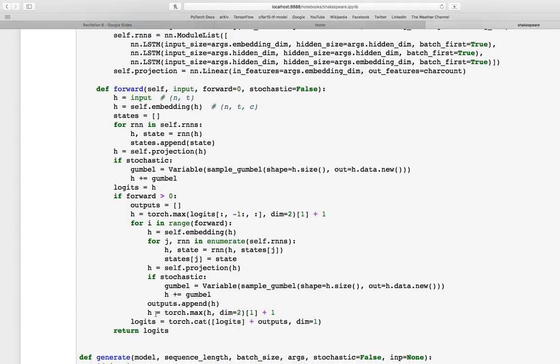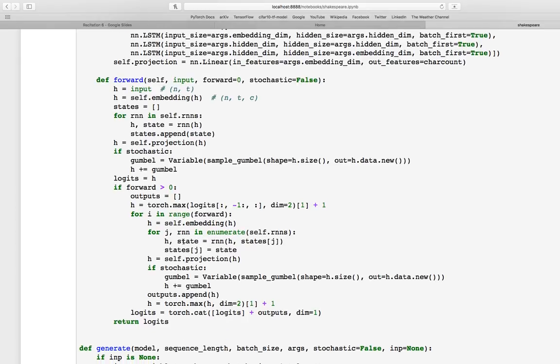But one important thing is that for the next state, once we actually sample, if you can imagine the word King Richard in Shakespeare, if we see the letter R, and then we sample and get the next character I, we need to re-embed it and then pass it into the next time step.